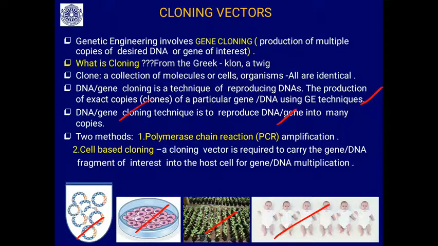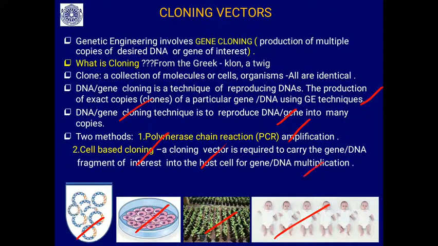There are two methods. The first is polymerase chain reaction, or PCR amplification. The other is cell-based cloning. Cell-based cloning requires cloning vectors, which are required to carry the gene of interest or DNA fragment into the host cell for multiplication.